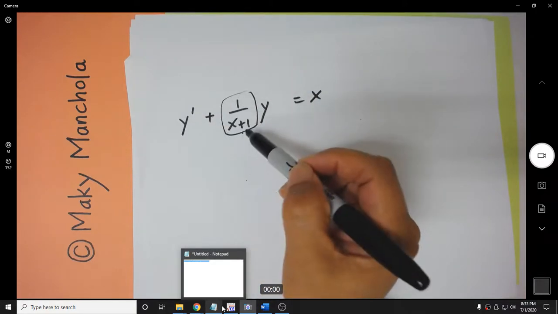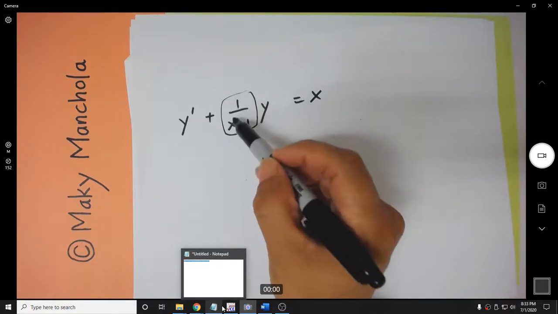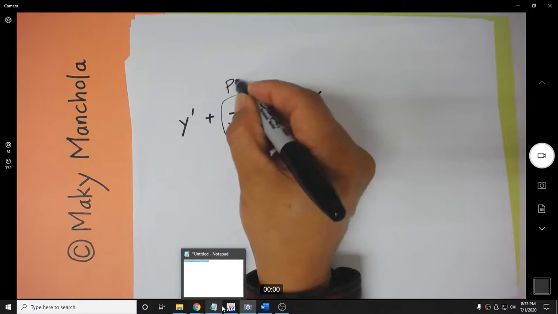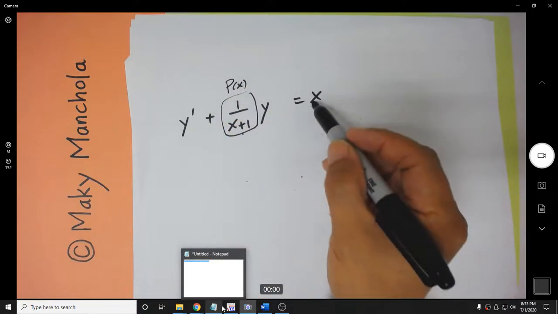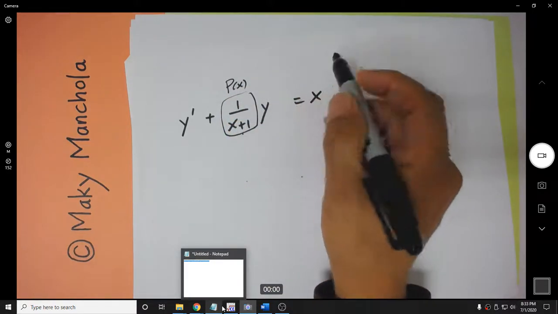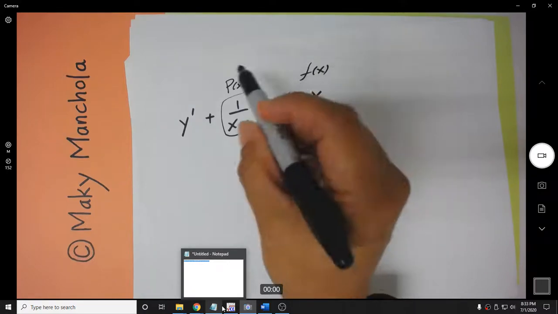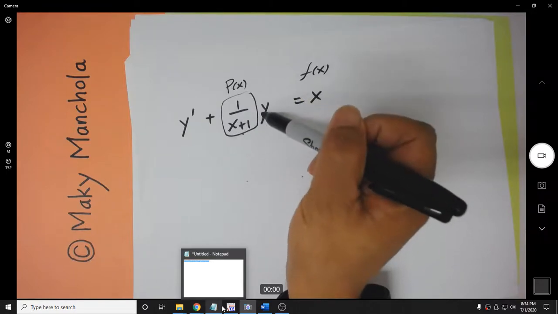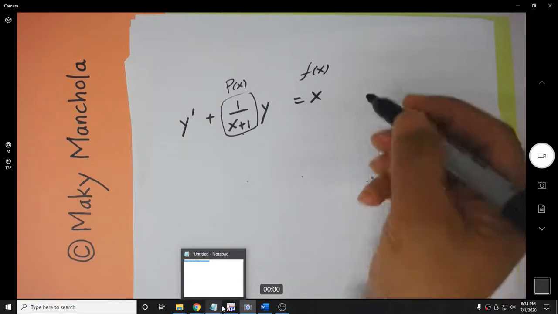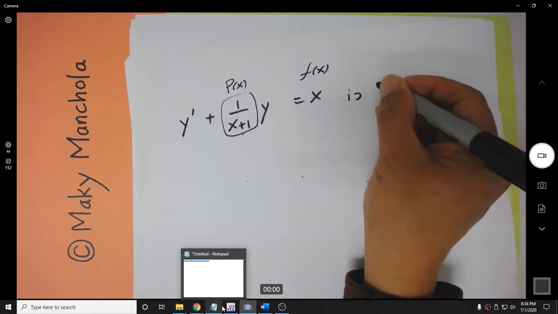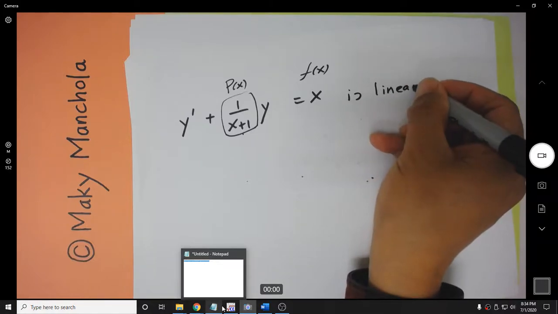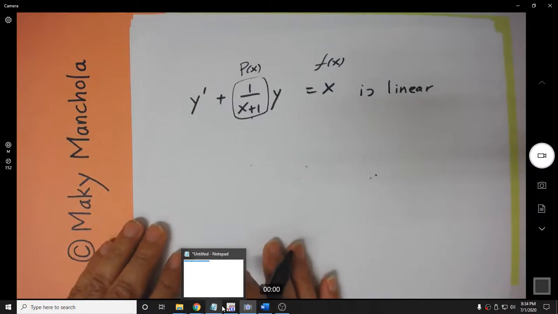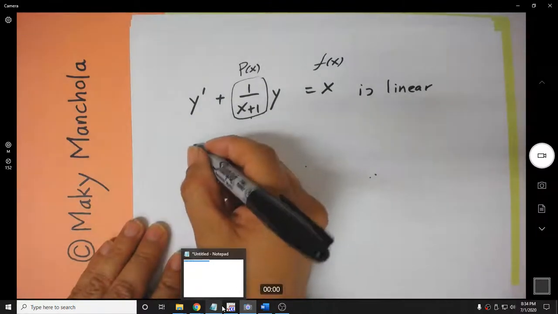Observe that 1/(x+1) is a function of x, and the right side x is also a function of x. So here we have a linear equation, y' plus some function of x times y equals some function of x. So it is linear. Now we solve it. The key to solving, of course, is finding this mu.